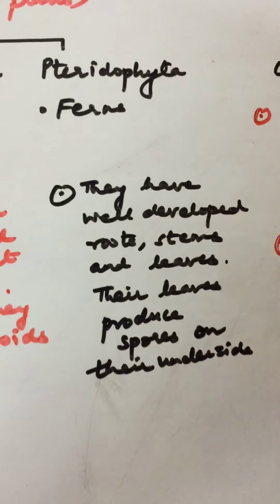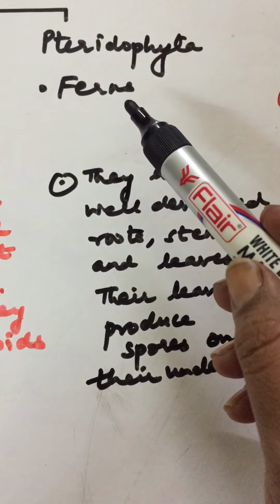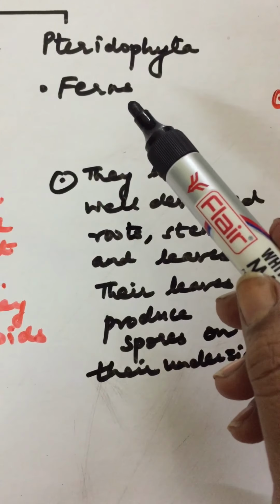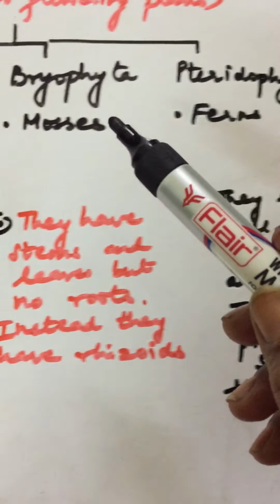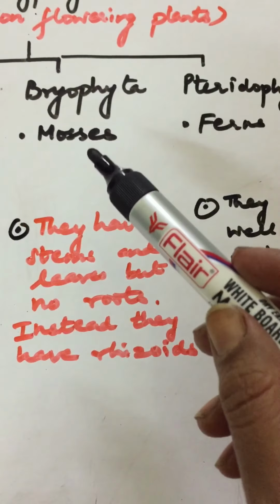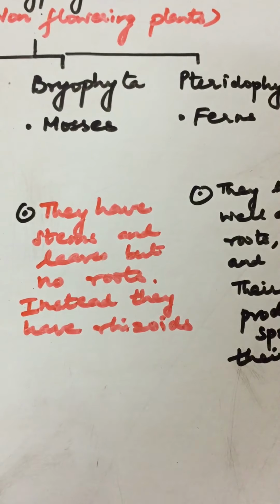The third category is Pteridophyta, and the main representative are ferns. We find ferns in our garden. They also require moisture, but unlike Bryophyta, they can grow in your gardens as well. But Bryophytes need a very damp soil and environment to grow.